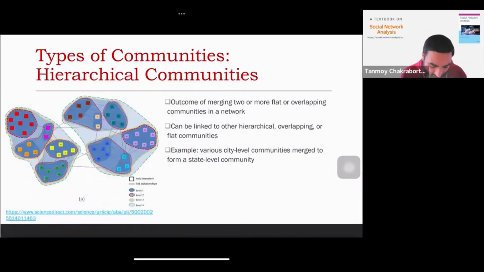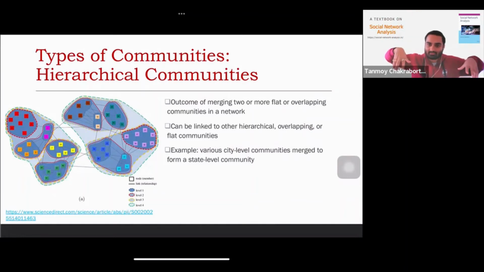Okay. The third type of community is called hierarchical community. This is again a natural phenomenon that happens in most settings, right? It basically says that nodes form a small community, multiple small communities form a slightly bigger community, multiple bigger communities form another bigger community, and so on and so forth.